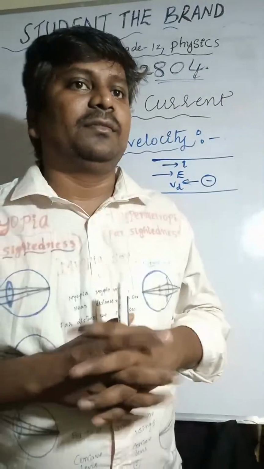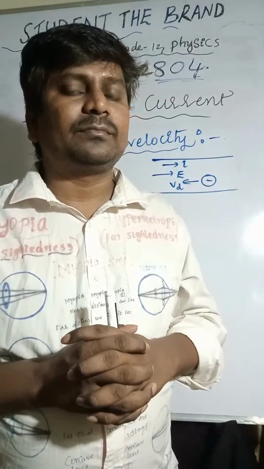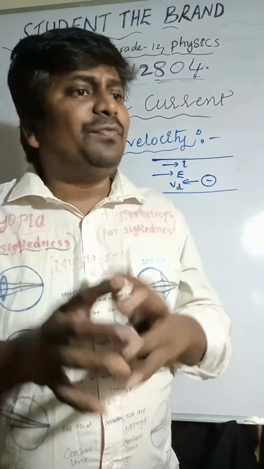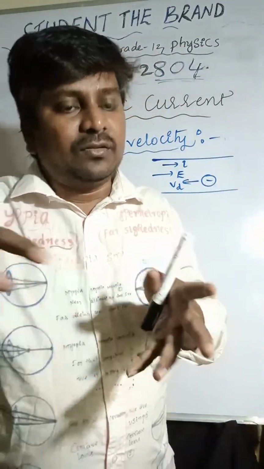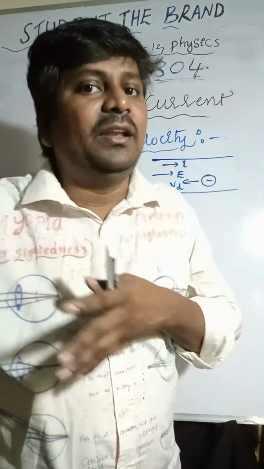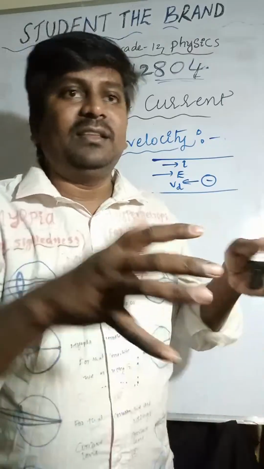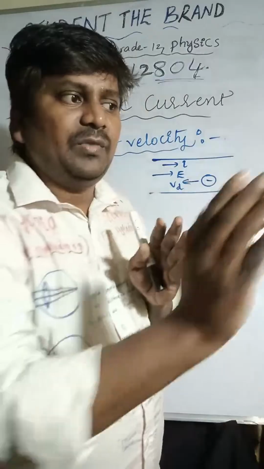That is okay. Now, many electrons, not only one, are moving in the conductor in a closed path in one direction.